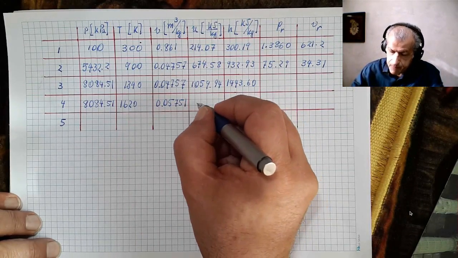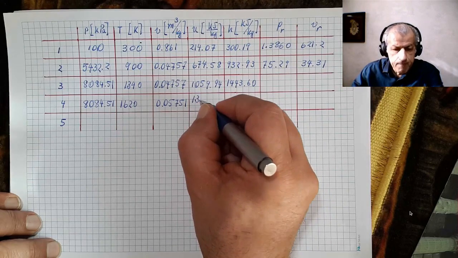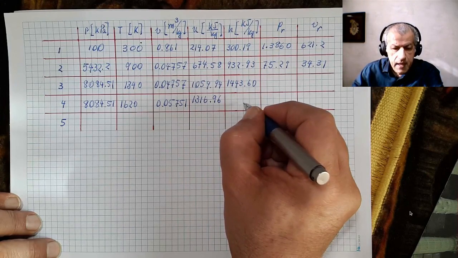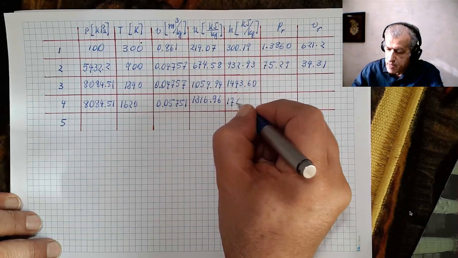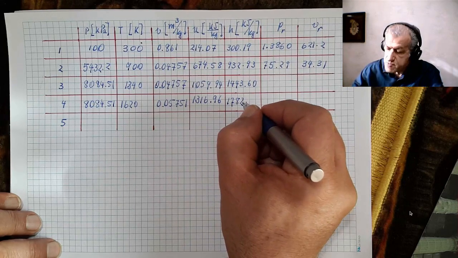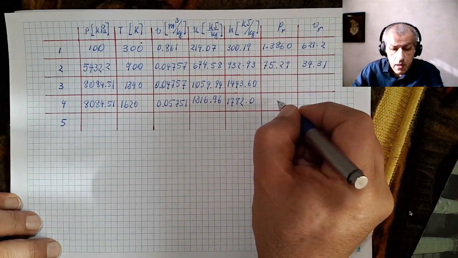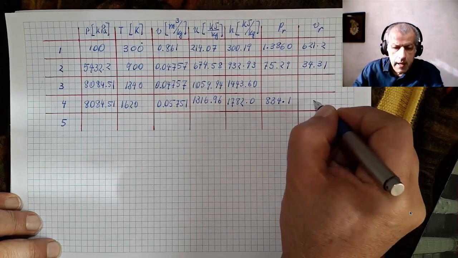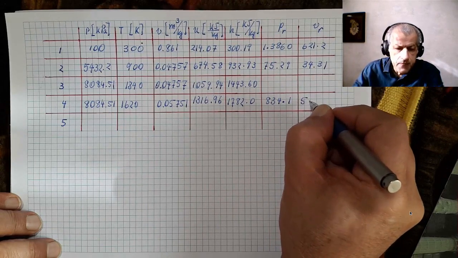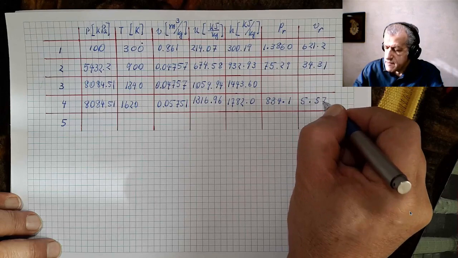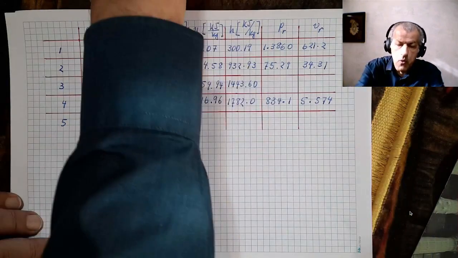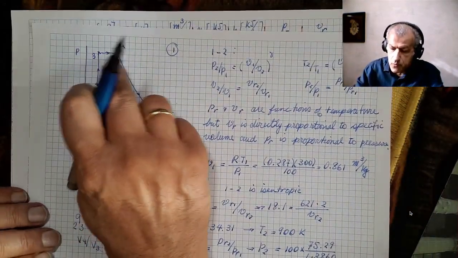The values would be U4 is 1316.96, H is 1782.0, PR is 834.1, and VR is 5.574. These are the values for point 4.